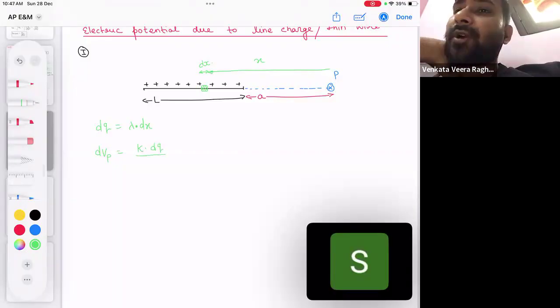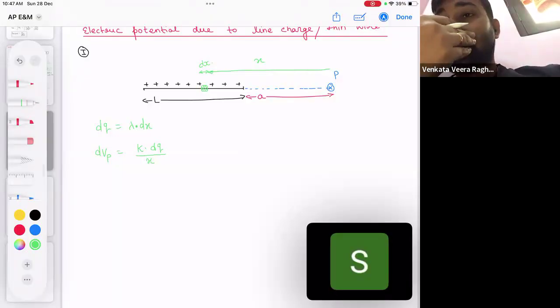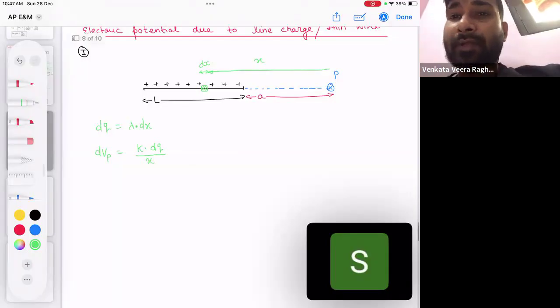Is the point P at distance x from the element? Please tell me. So this element will create k dq by x potential at that point. Understood? Just check, it's a scalar quantity.